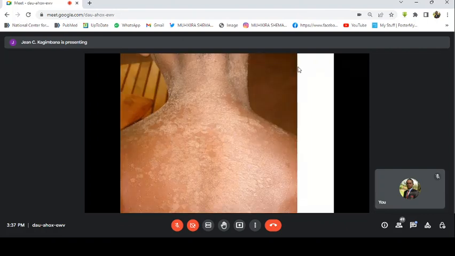Look at this gentleman, a profuse Candidiasis versicolor. How do you describe it? Brown. What brown now? Describe the regions.